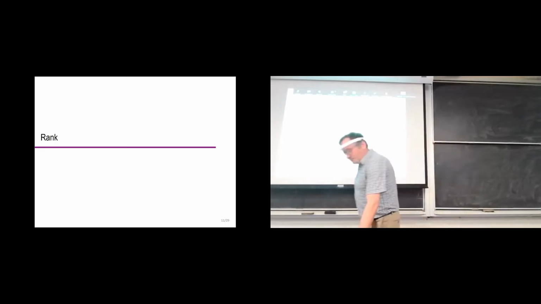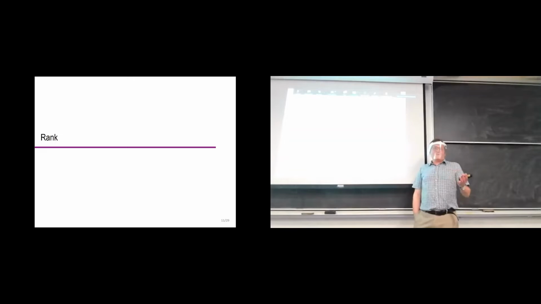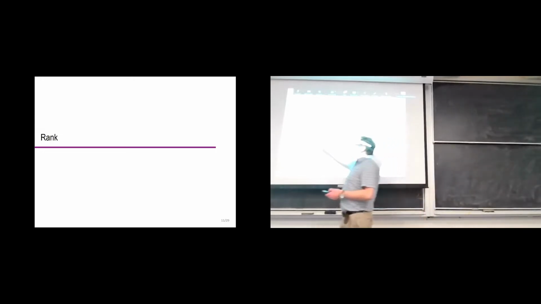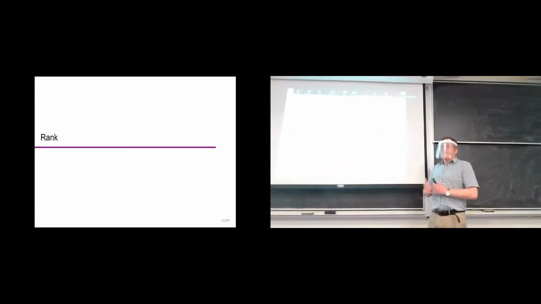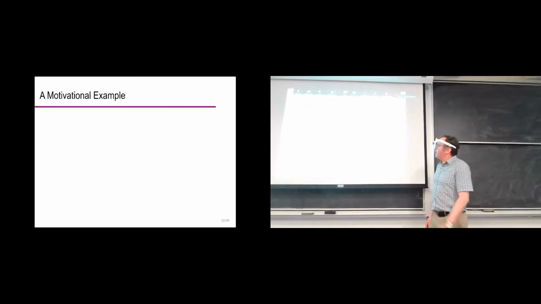So, as the first step towards that, let's try to check if we have any more reasons for counting CSP to be easy. And I will talk about rank, which is just matrix rank of a matrix, nothing really special. But we need to construct the matrices kind of carefully. Okay, a motivational example.